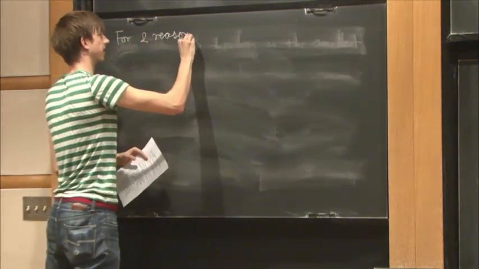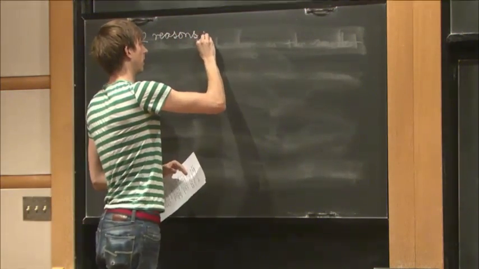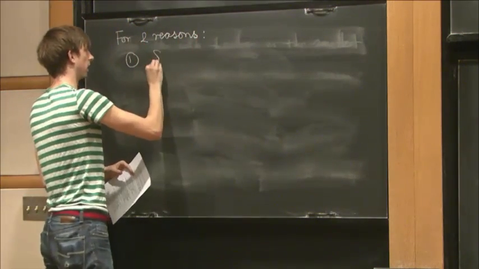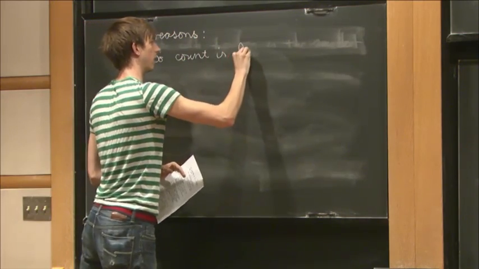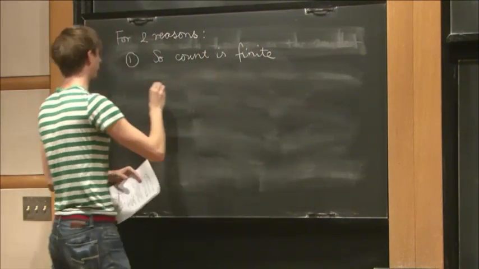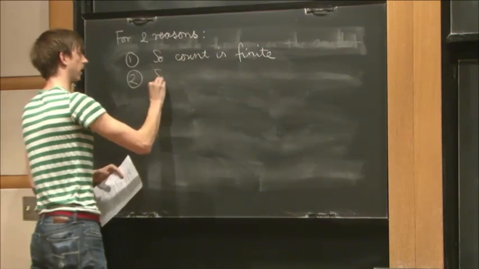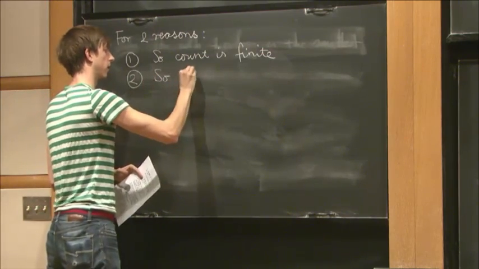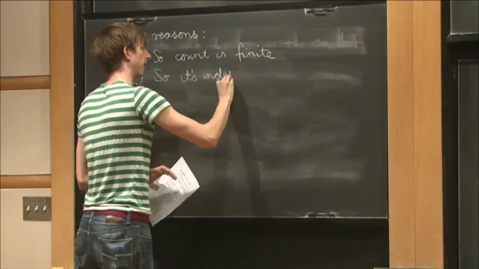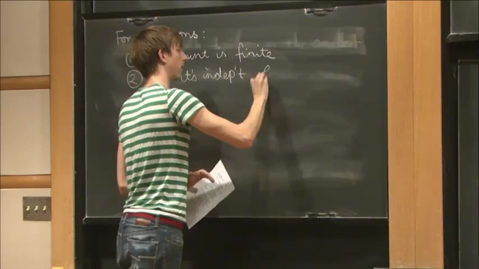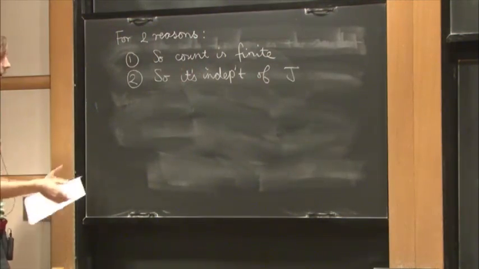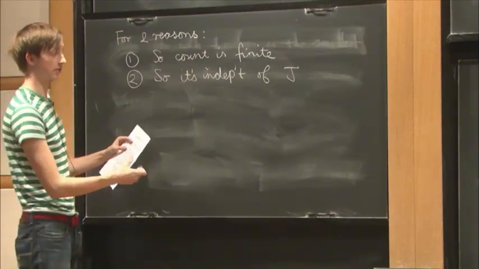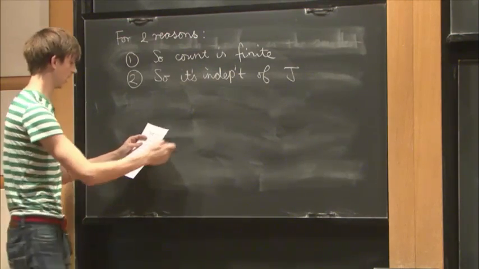This is for two reasons, actually. So the count is finite, and second, it's independent of J, which we kind of chose as an auxiliary choice to define these moduli spaces.